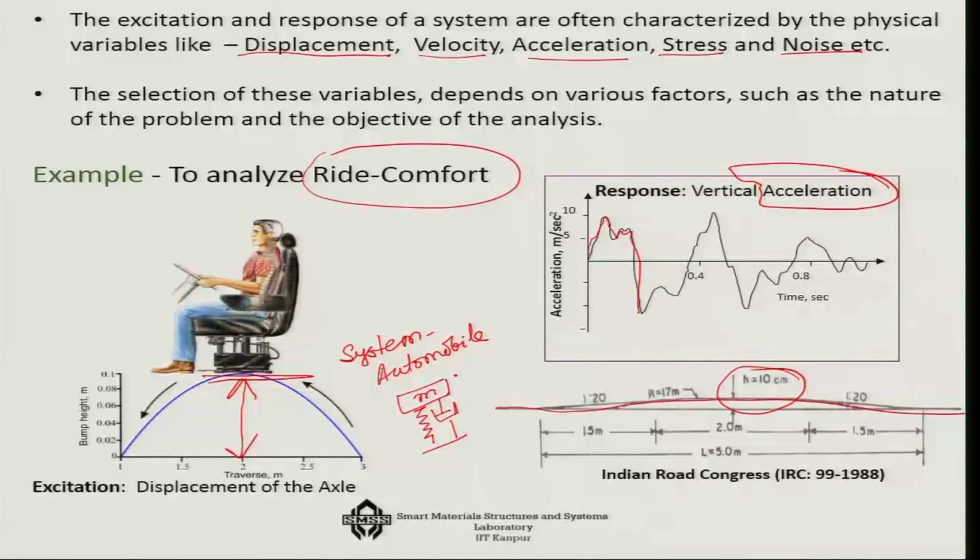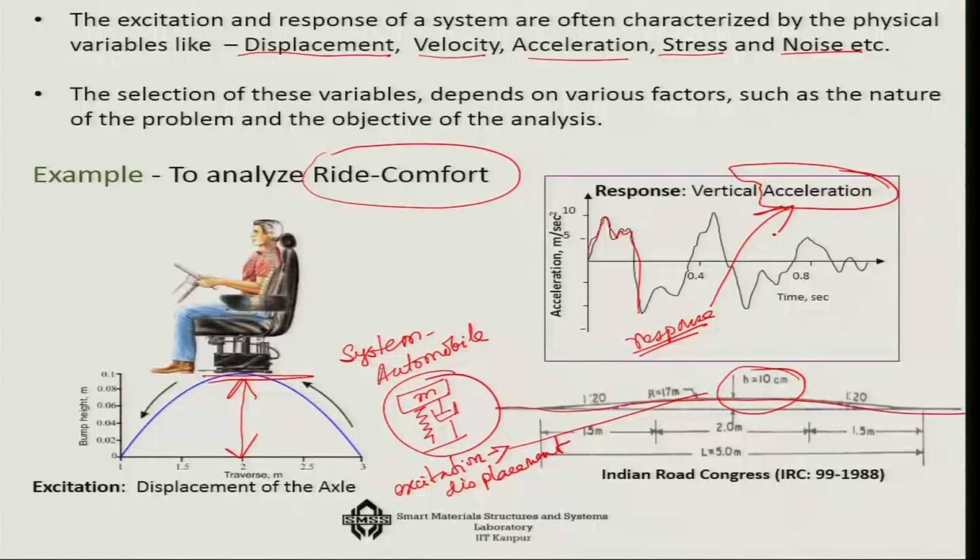That is our system, and our excitation is in terms of what you have seen here, the displacement, and our response here in this figure is in terms of the acceleration.